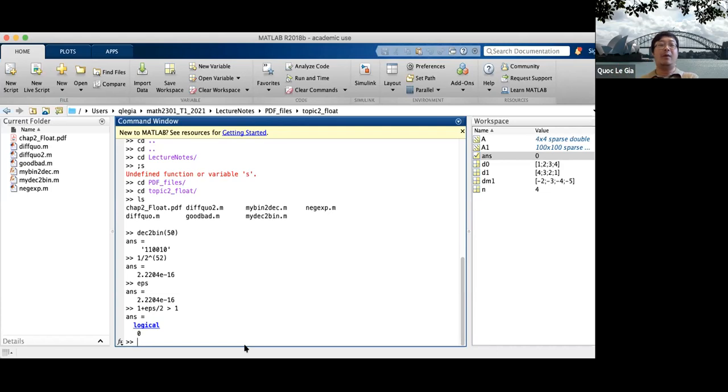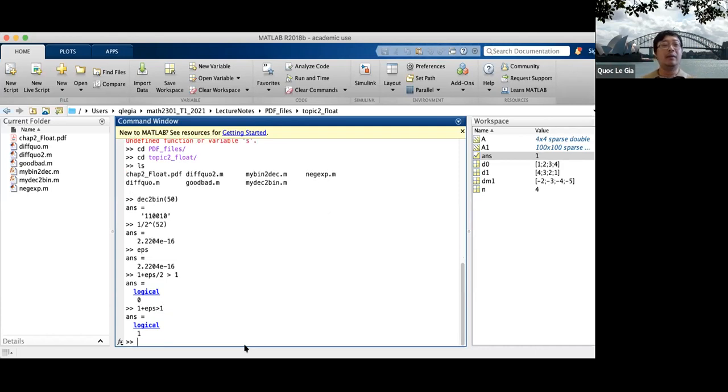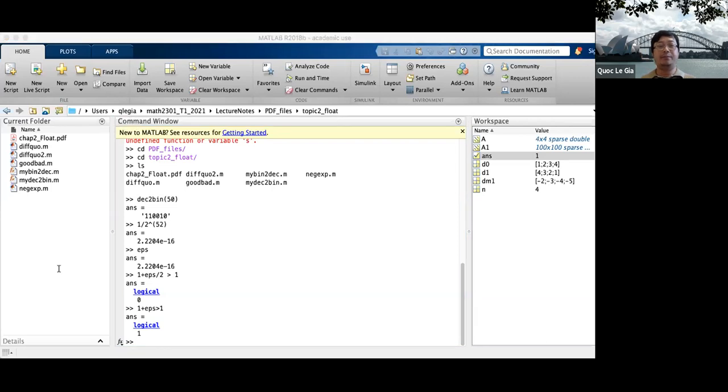It thinks epsilon over 2 equals 0, because it is so small that it just assumes it equals 0. So 1 plus epsilon over 2 equals 1. There are not enough bits. That is the limit, so epsilon is the smallest gap you can get in the floating point number system.